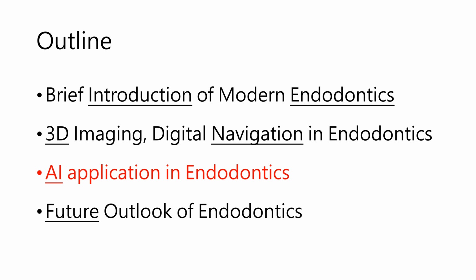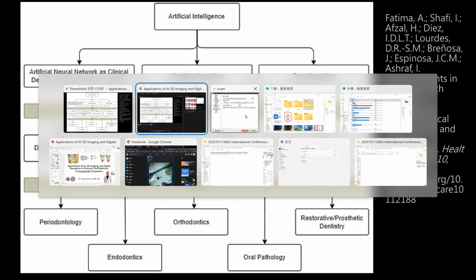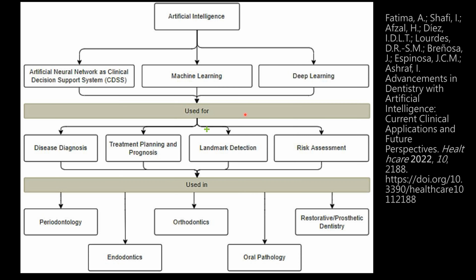Okay, so the next part is AI application in endodontics. As we can see, AI can do a lot of things for us, including disease diagnosis, treatment planning, prognosis, landmark detection, and risk assessment.